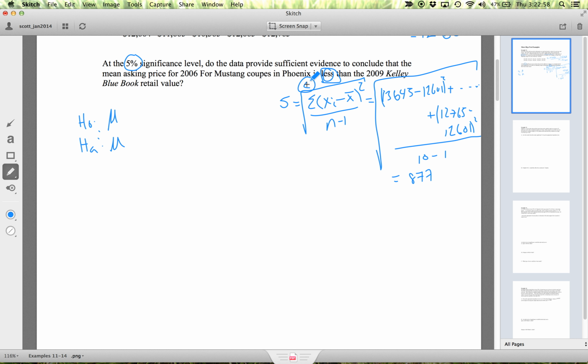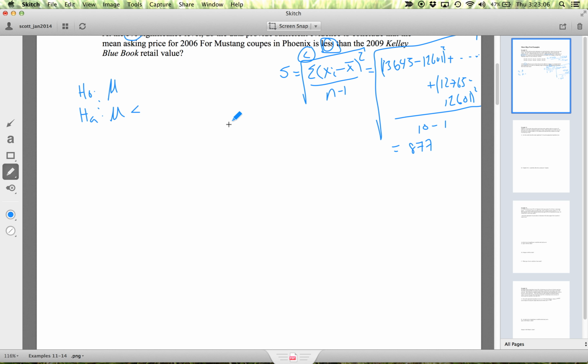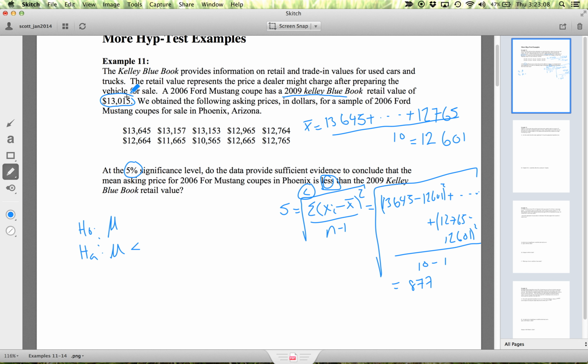There is no equivalency here, so because there's no equal sign, we know this is the alternative. Here we're trying to test if mu is less than the value found in the Blue Book, which is 13,015. And if the alternative sign is less than, then the null hypothesis sign must be greater than or equal to.